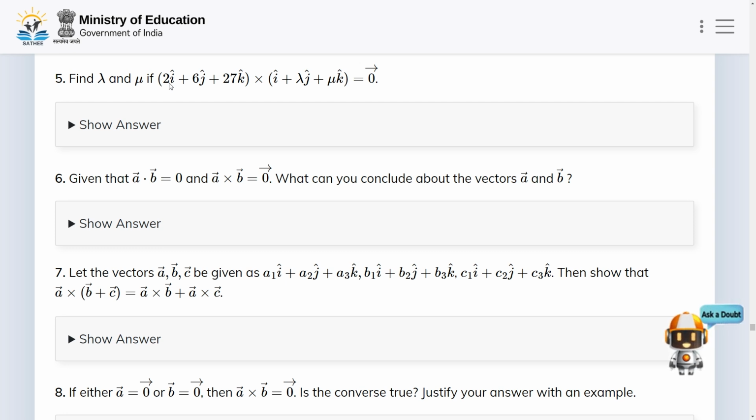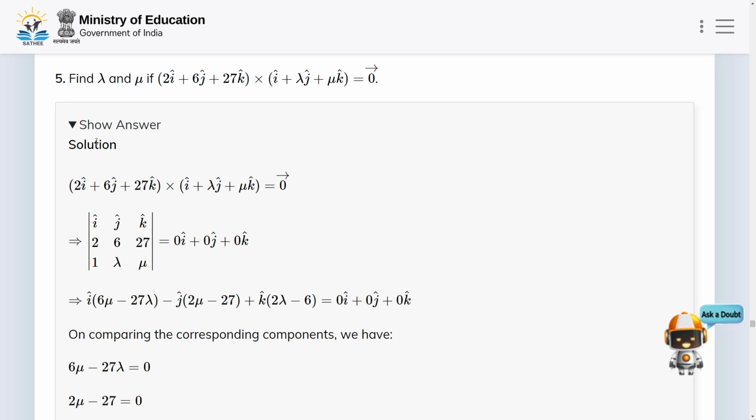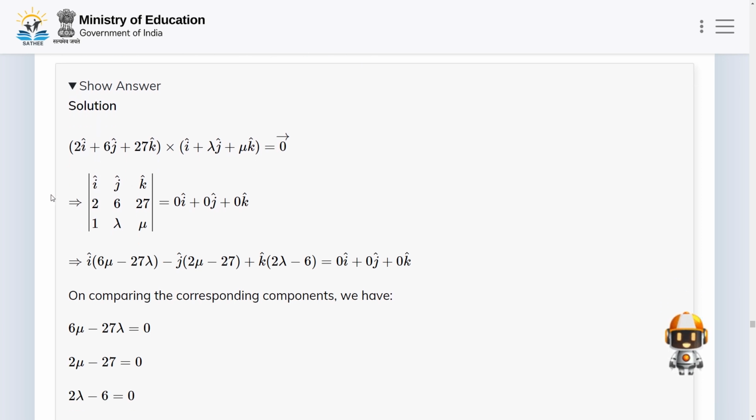Let's see. First of all, find the cross product. So you will have this as your determinant, and as the right hand side is 0 vector, in component form it will look like this.